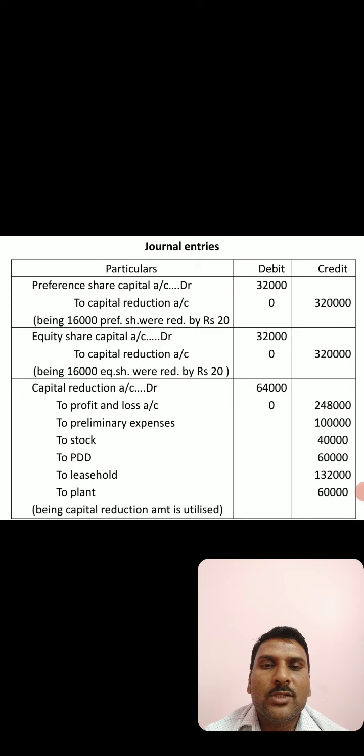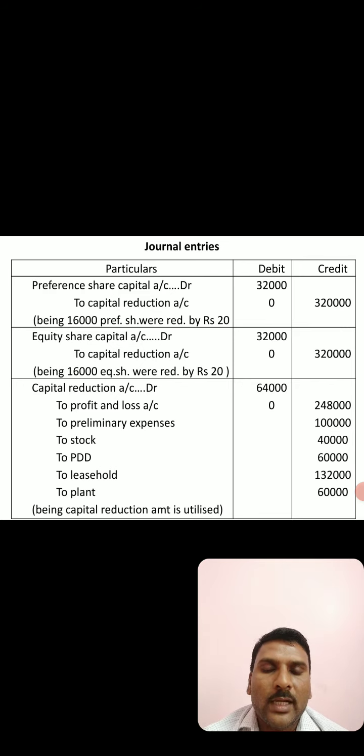So the balance is 20 rupees. 16,000 shares are there, and at rupees 20 per share the preference shareholders are sacrificing 3,20,000. Same for equity shareholders: 16,000 shares, sacrificing rupees 20 per share means 3,20,000.